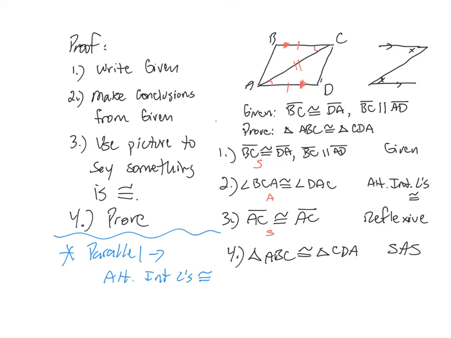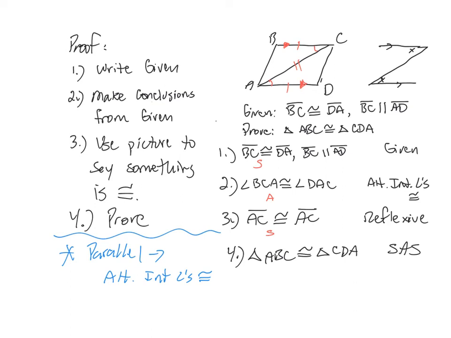So you will see something's parallel in one of your problems, like given information is parallel. Okay, so let's go over that. Writing the given could be one step, making conclusions could be step 2, and step 3 is kind of the third thing that you're going to do.